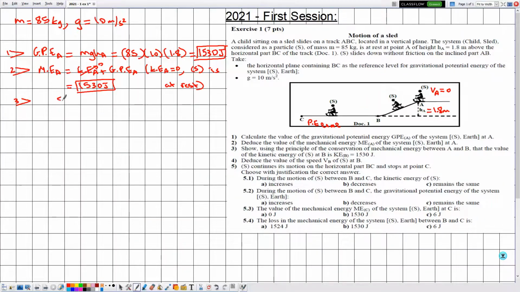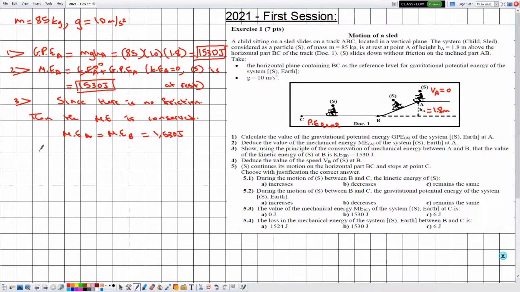Then, since there is no friction, the mechanical energy is conserved, which means that the mechanical energy at point A is equal to the mechanical energy at point B, which is equal to 1530 joules.